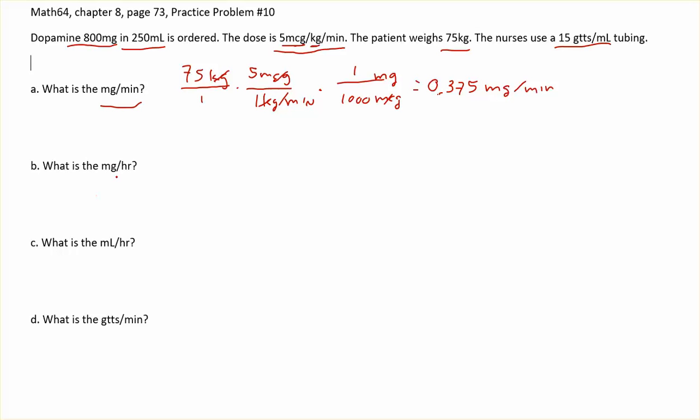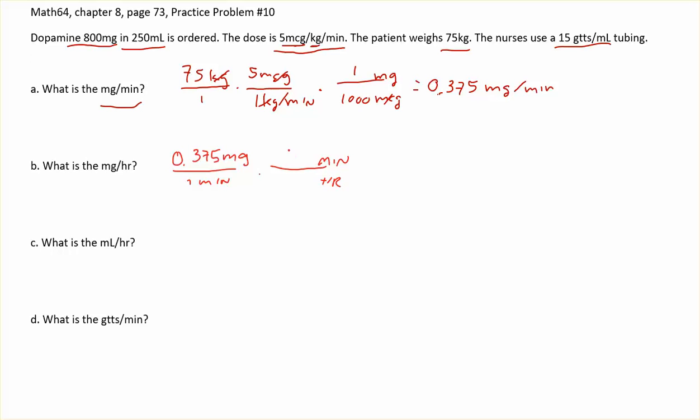Okay, the next thing is milligrams per hour. Well, that's really easy because I'm going to use the answer from my first part, and I'm going to change colors just for the fun of it. I'm going to use 0.375, and this is milligrams per 1 minute. I want to change that to milligrams per hour, so all I have to do is go from minutes to hours.